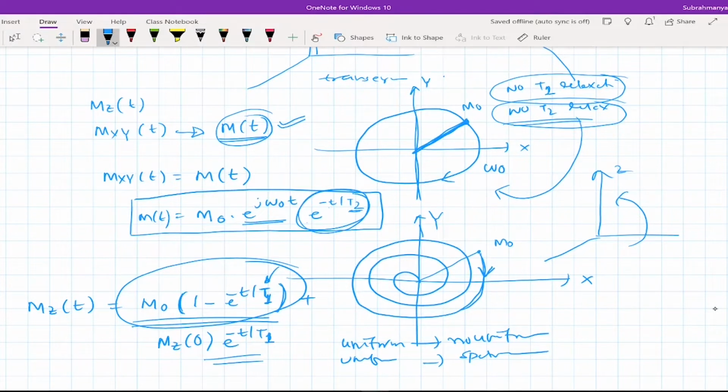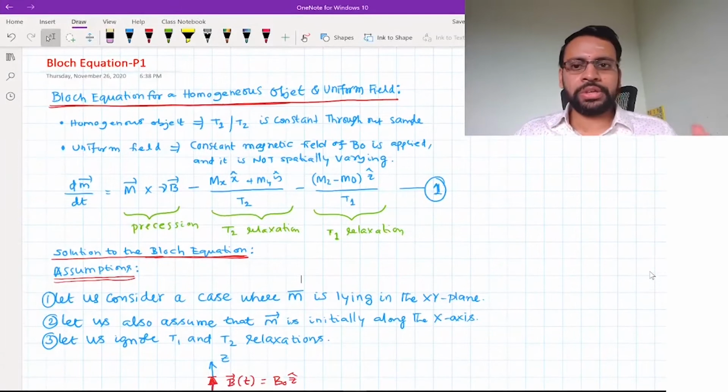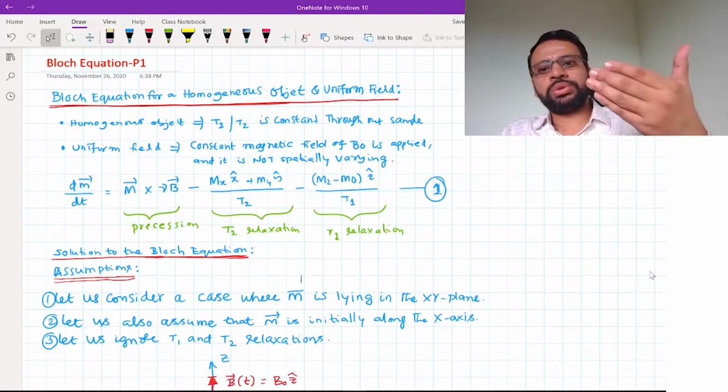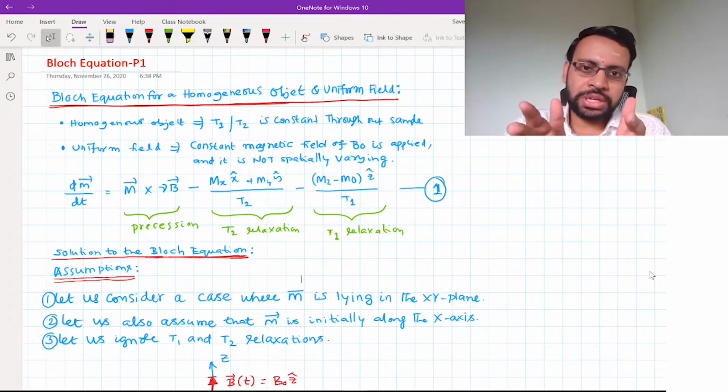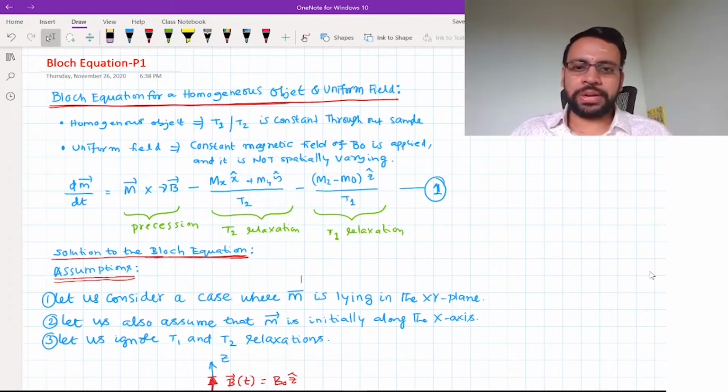So let me now take you through the derivations of these equations, which we have just seen intuitively. As I was mentioning, let's go through the solution for the Bloch equation when you have a homogeneous object and a uniform magnetic field.